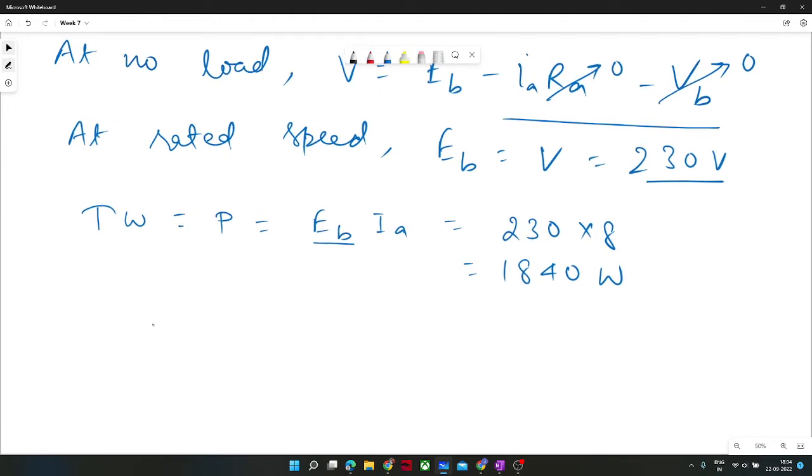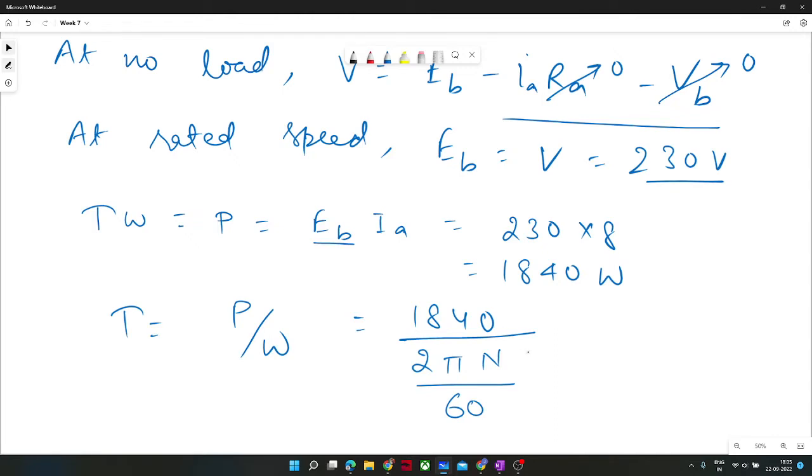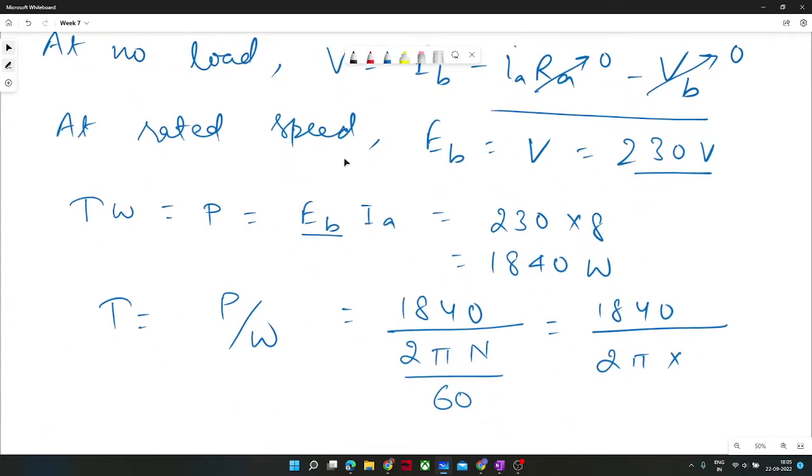Now we are left with the torque. It is very simple now. Torque is power by omega, and power is 1840. Omega is 2 pi N by 60, with N in RPM. So we do 1840 by 2 pi into N, and N is 1400 RPM, divided by 60.